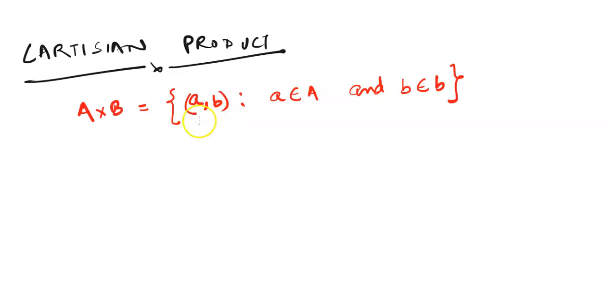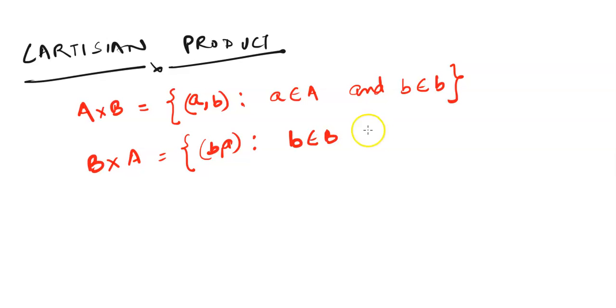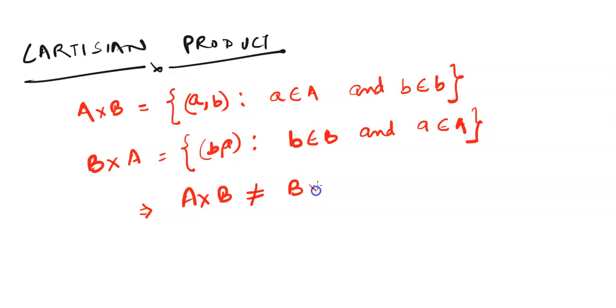So all combinations of a comma b where a belongs to A and b belongs to B. And similarly, B cross A is basically b comma a, so all combinations of b comma a such that b belongs to B and a belongs to A, right? So this also suggests A cross B is not equal to B cross A.